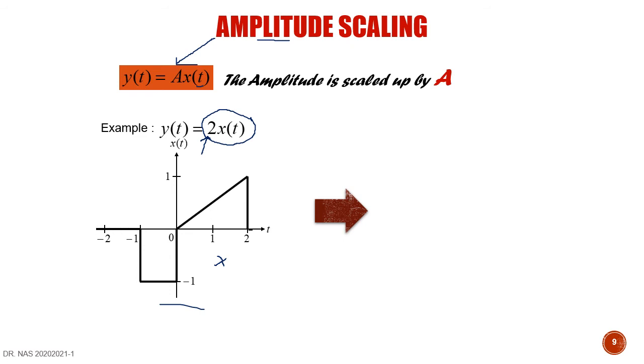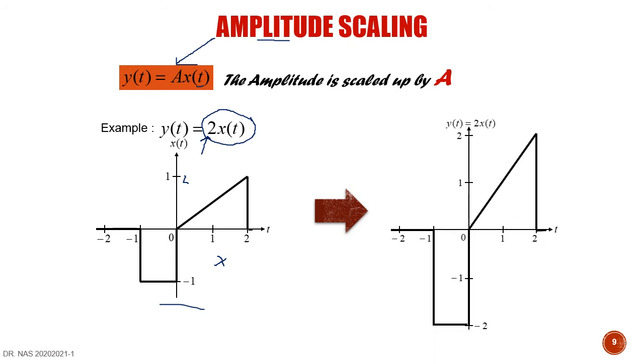So 1 becomes 2, and negative 1 becomes negative 2, but there are no changes for t. So now the signal is scaled up in amplitude only. There are no changes on t.